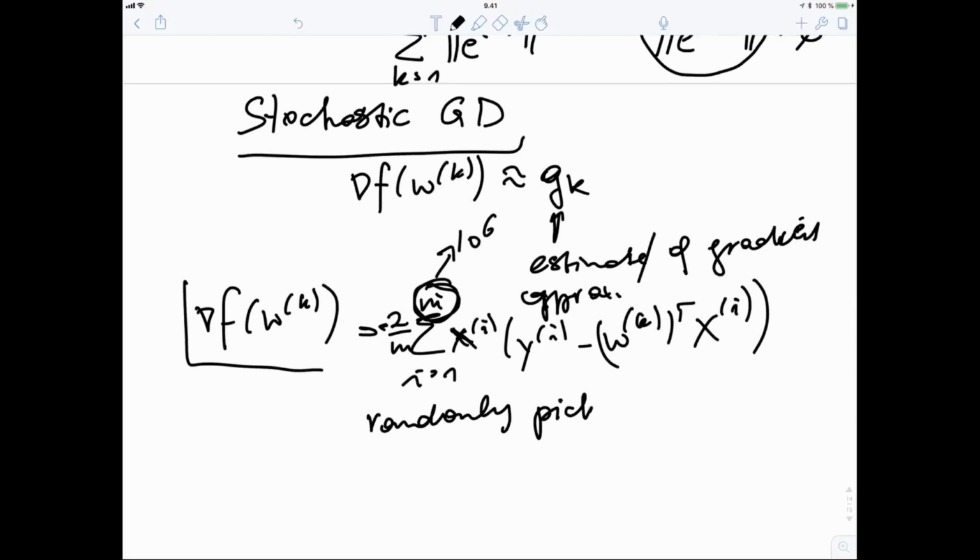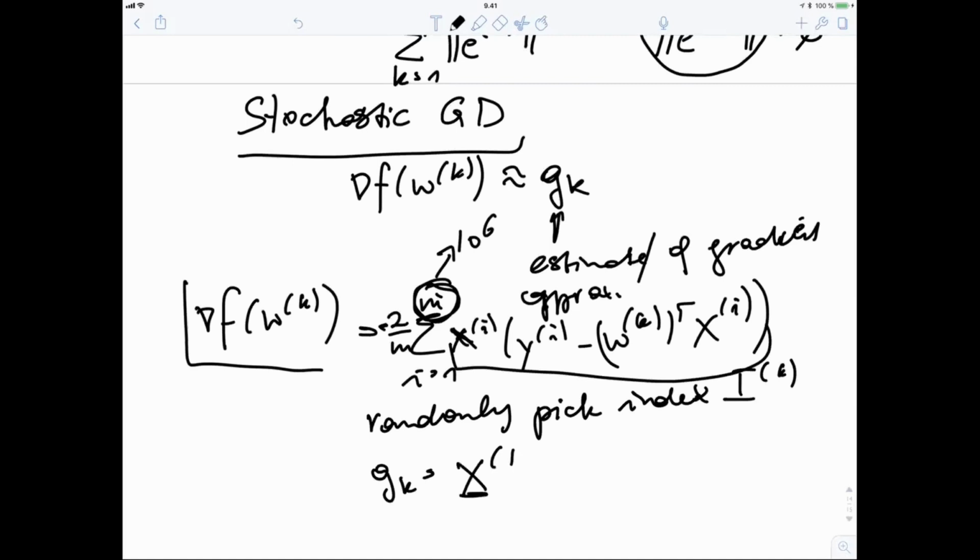So one way to approximate this is to randomly pick an index. Let's call this IK, and use as an approximation the component that corresponds to this index. So this would be X, the feature vector at the IKth data point, times Y, IK minus WK transposed X, IK.